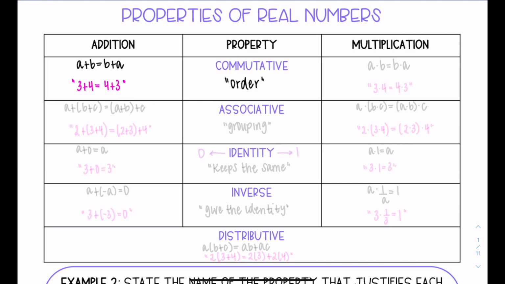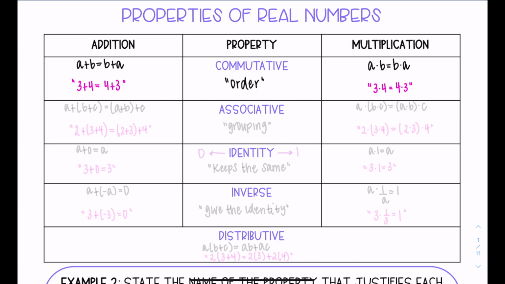Same thing goes for multiplication. This just says that A times B equals B times A. Or 3 times 4 is the same thing as 4 times 3. We get 12 in both cases. So commutative just says that we can multiply or add in any order and it doesn't mess anything up.